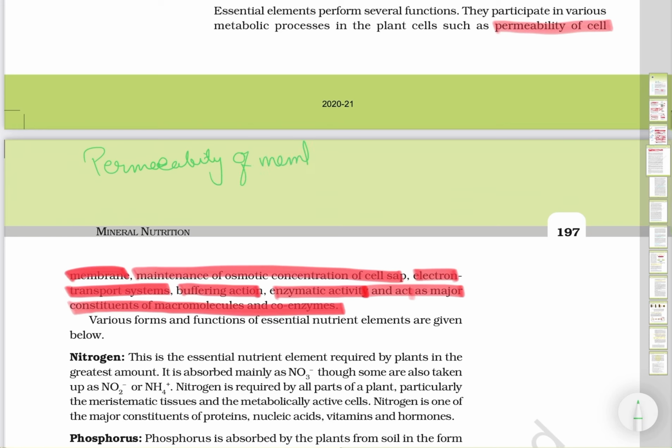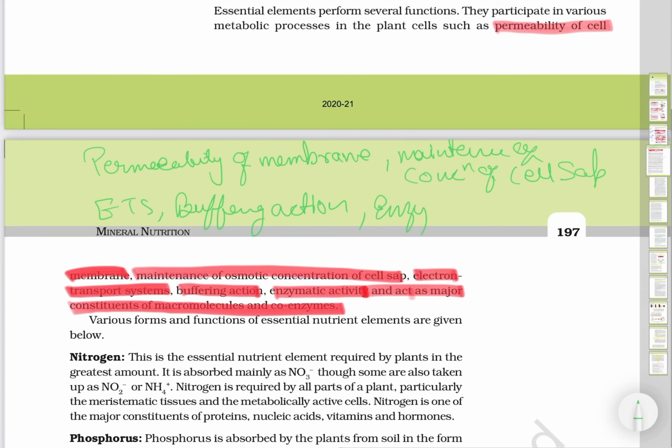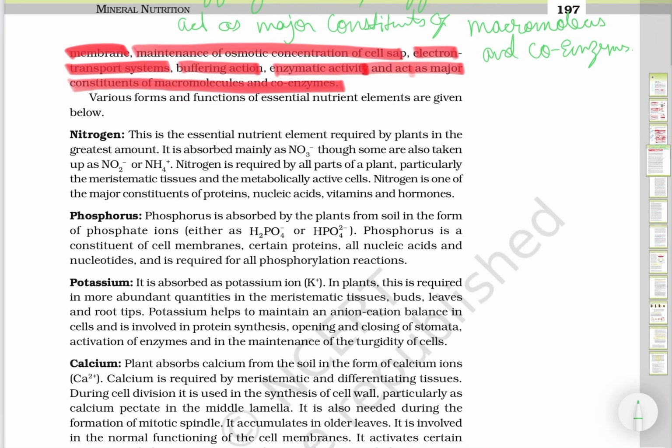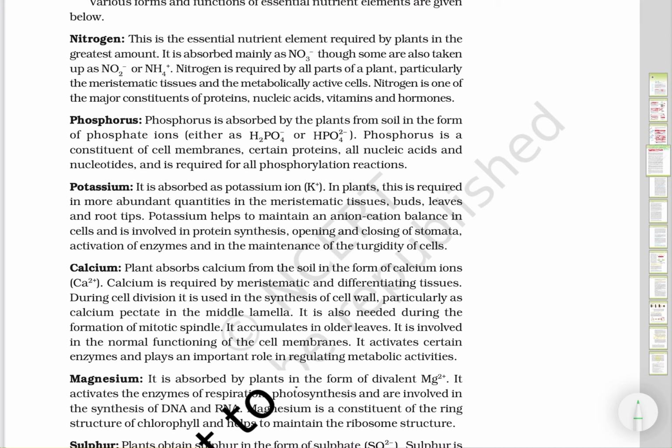Permeability of membrane, osmotic maintenance of concentration of cell sap, ETS, buffering action, enzymatic activities, and acting as major constituents of macromolecules and coenzymes. Now, let's see the various forms and functions of essential nutrient elements given below. So let's see one by one.